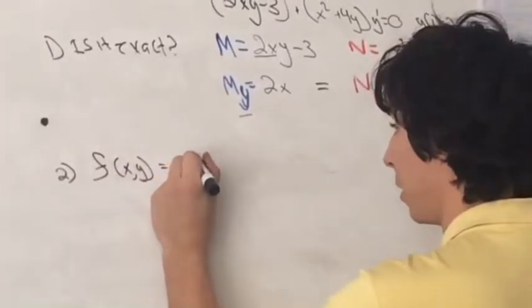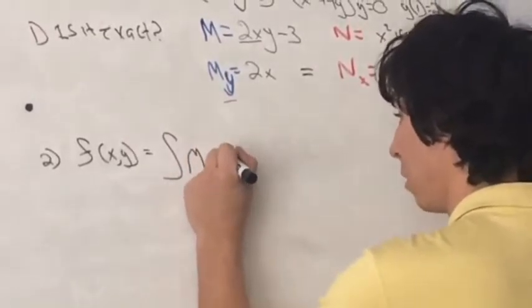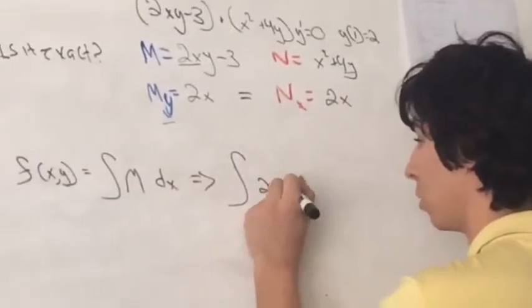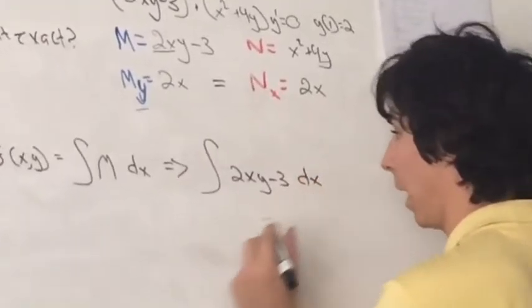We do this by finding the integral of M with respect to x, which becomes the integral of 2xy minus 3 dx.